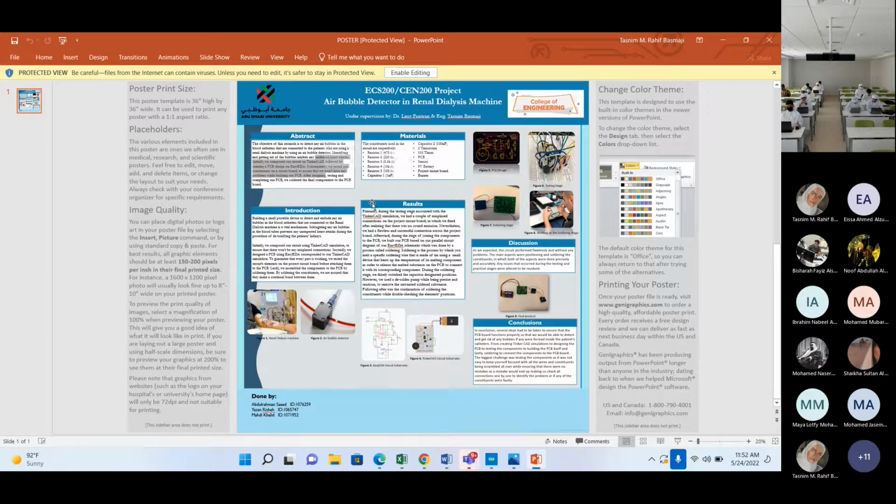Then we have the introduction. In the introduction, you're explaining the system, referring to the project or the topic that is set for your major. You might give some examples, such as the conventional methods: how were people doing it, for example, without the circuit that you are designing.